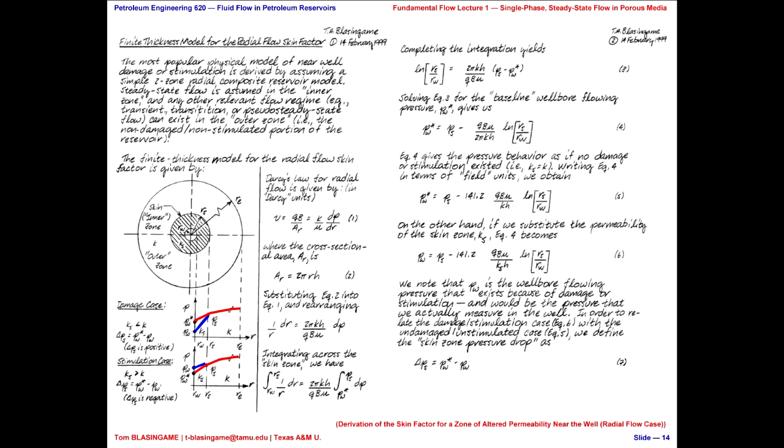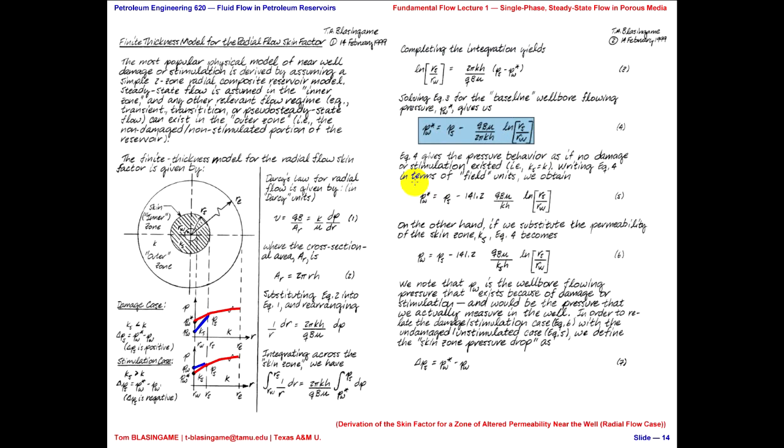So we'll use steady state flow theory like we've already done for the radial flow case, and we'll integrate the two pieces. So we start with Darcy's law, and we set up our integral. We're going to integrate across the skin zone, and then once we do that, we'll define our skin zone relationship, and then we'll define a pressure drop across the skin zone. And we're also going to have a pressure drop not across the skin zone.